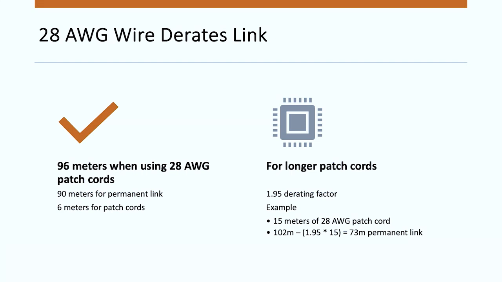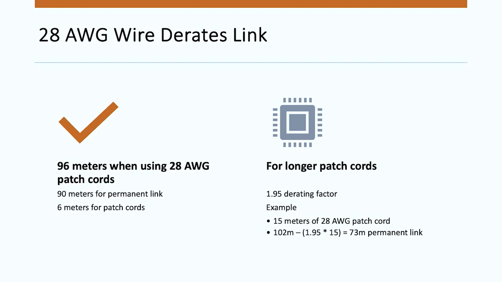Another one, and I see this more and more, are thin patch cords, 28 gauge patch cords. Now, it is really important to remember that anytime we use 28 gauge patch cords, these derate the link. So even if we're sticking with 6 meters of patch cord, 3 meters on each end, that takes our link down to 96 meters.